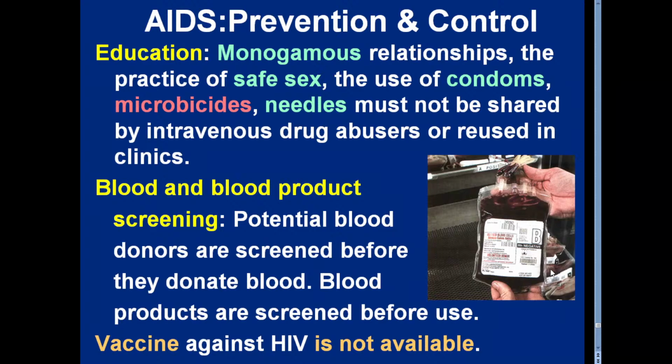Let's discuss a few words about prevention. The first: education, information, monogamous relationships, practicing safe sex, using condoms, microbicides. Needles must not be shared in intravenous drug abuse, or must not be reused in clinics.